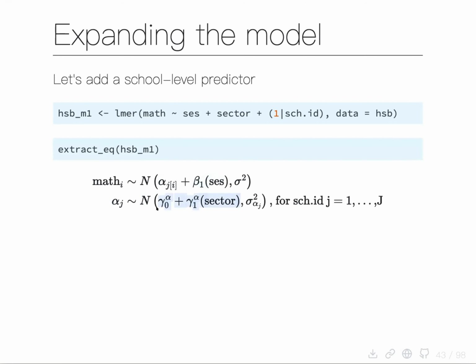So this is the average mean or whatever, but then we're also adding in a sector coefficient. If we have public and private, this one would probably be the reference group. So say this one's public, and then this would be what we would add in if the school is private. And then we have some variance.